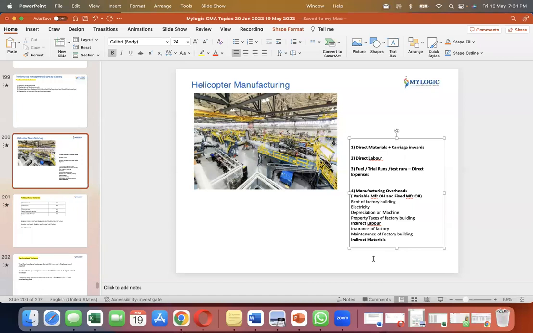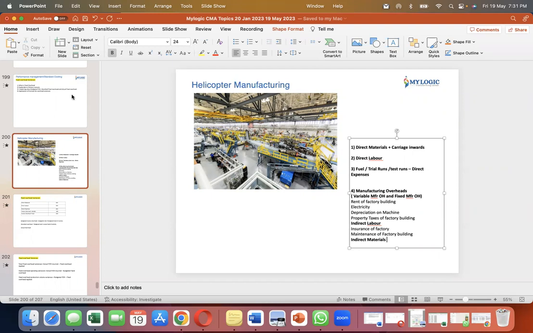Under that, there is a category called variable manufacturing overhead, which changes in line with production. Examples are gloves or related things. But there may be a category of expenditure which is fixed in nature. An example is rent: fixed manufacturing overhead.